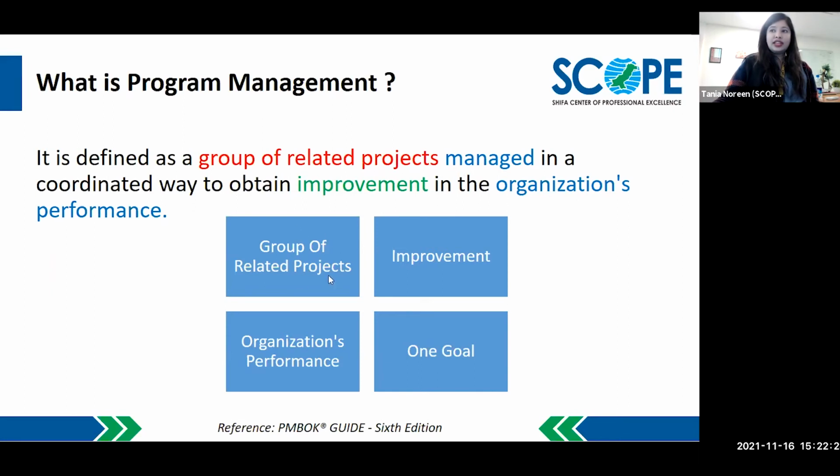Here, the main thing in this definition is a group of related projects. The intention is to achieve improvement in organization performance, and the goal is one, to achieve one business goal, the improvement of organization performance. It is clubbed business projects, small projects mixed up into a big program.